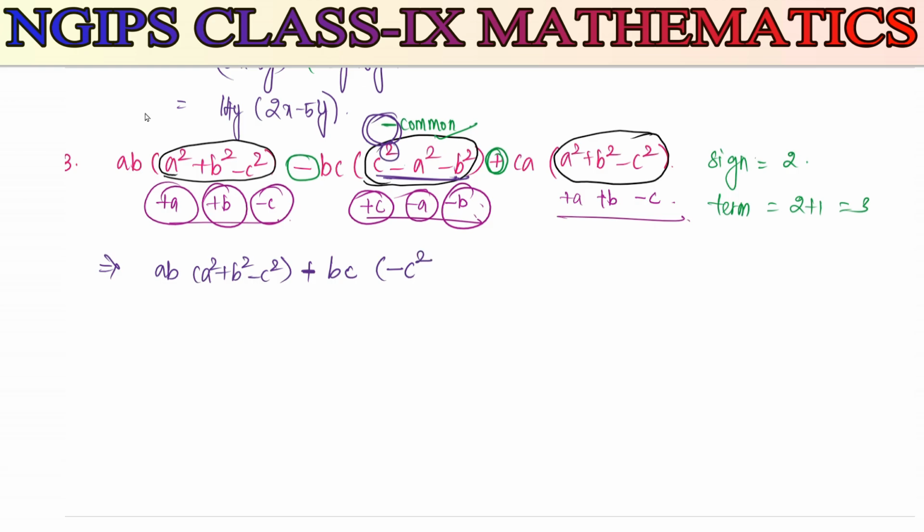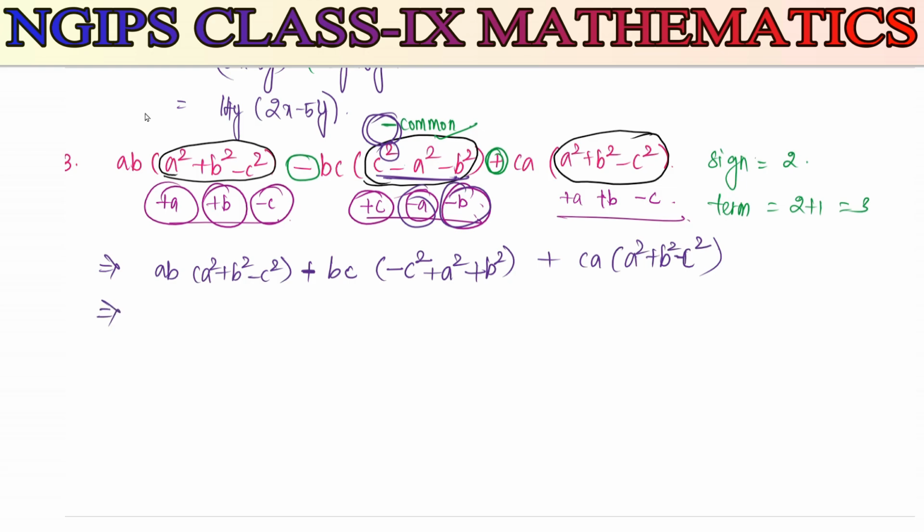So c square, this minus a will give plus a square, and minus b will give plus b square, plus ca into (a square plus b square minus c square). Here a is positive, b is positive, c is negative. Here also c is negative, rest a and b positive. Here also c is going to be negative, a and b all positive.